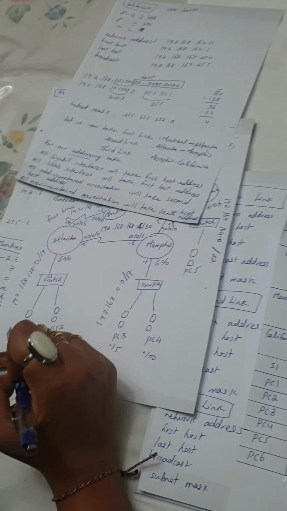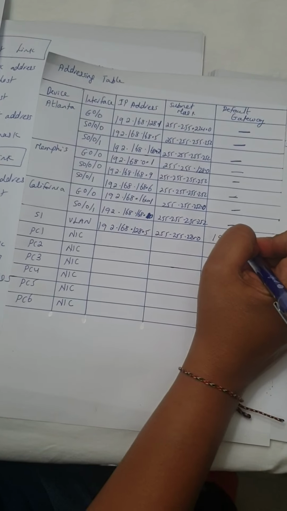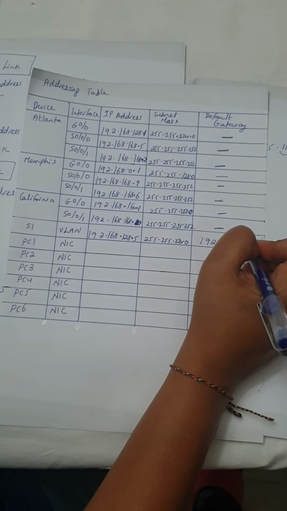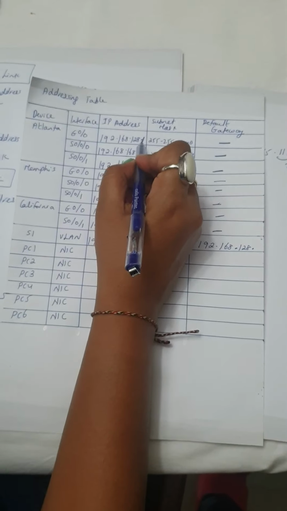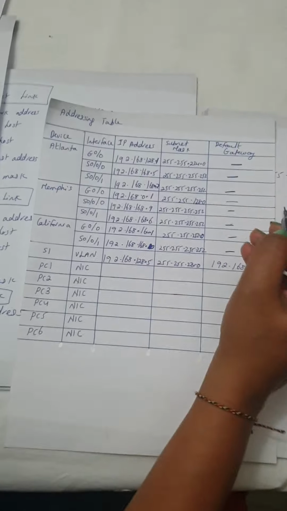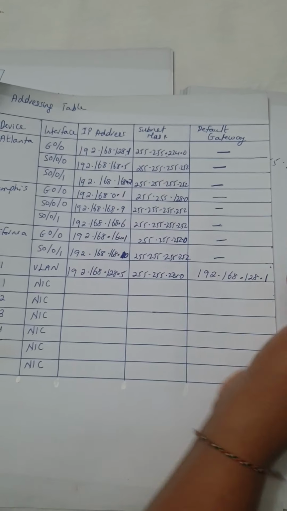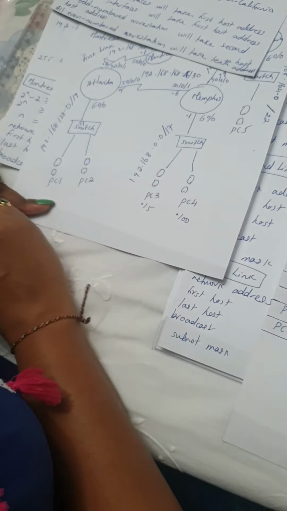For this reason, it becomes the gateway here. This IP address of gigabit 0/0 becomes the gateway to the switch, because S1 has to go through here to get out of the network.